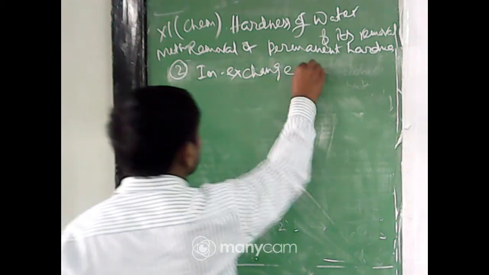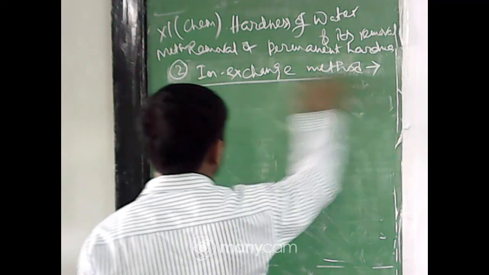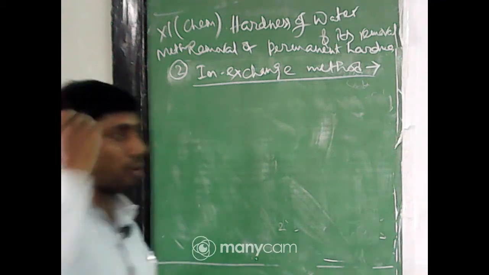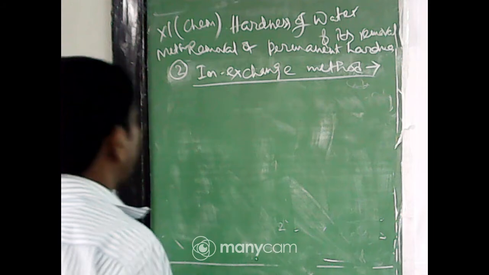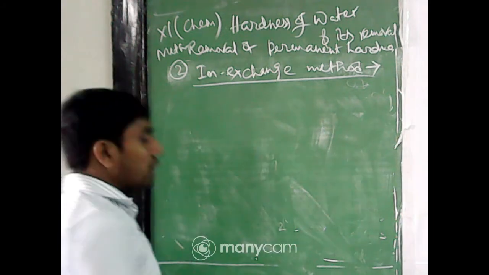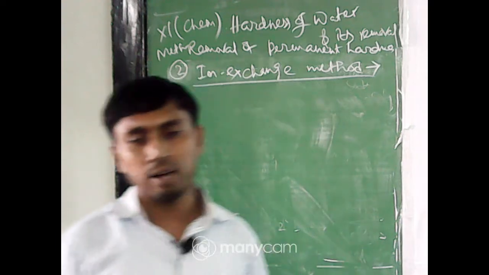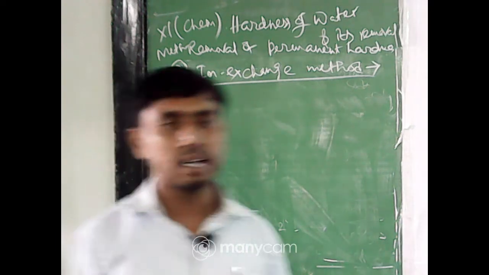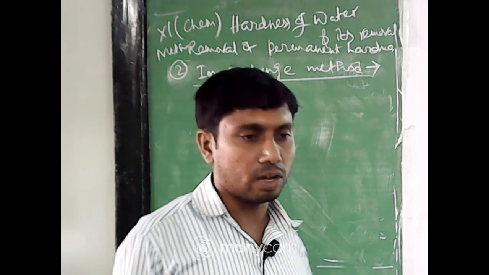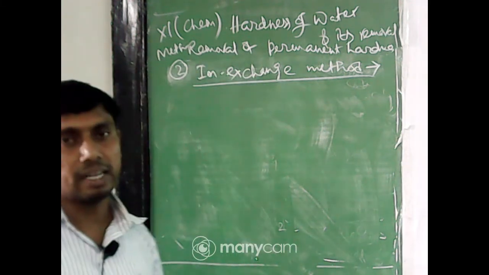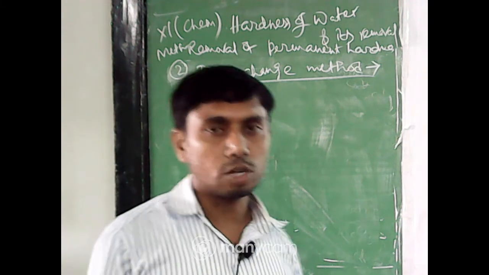Ion exchange method. First of all, let me describe the ion exchange method. We have seen that hardness is due to the presence of some cations and anions. Now, if we exchange these cations and anions by using some other external substances, so that the water becomes soft in nature.